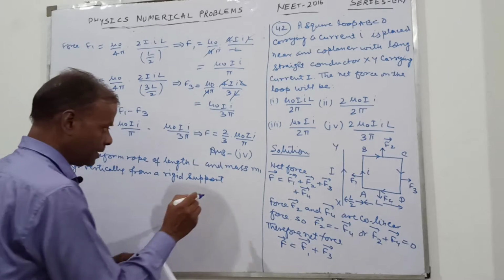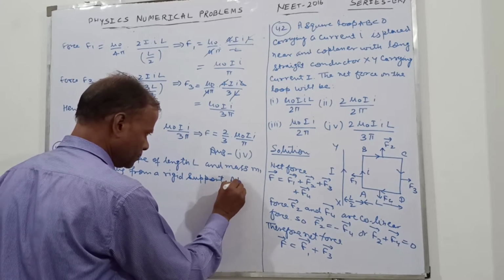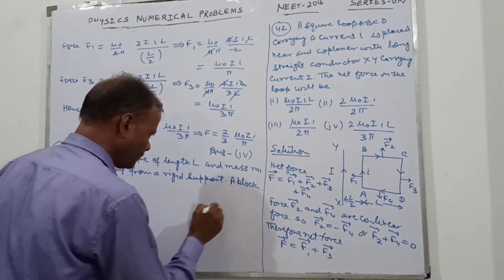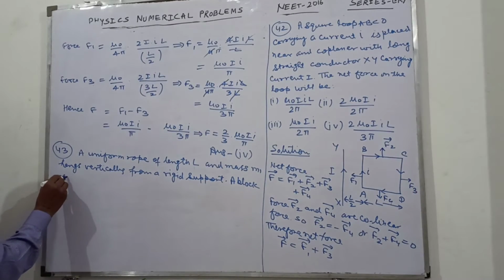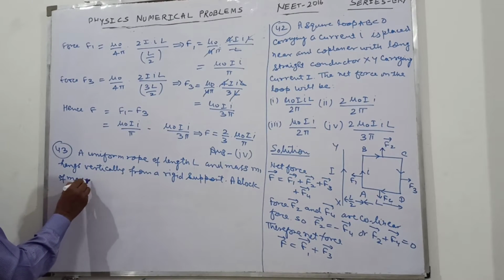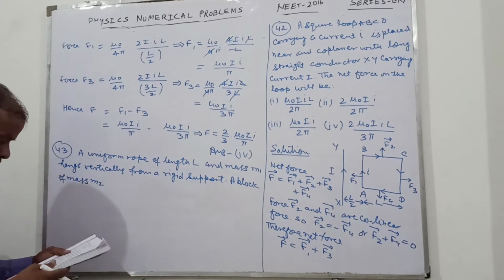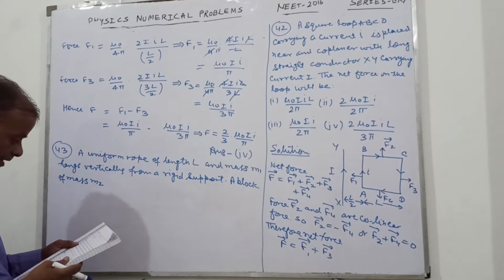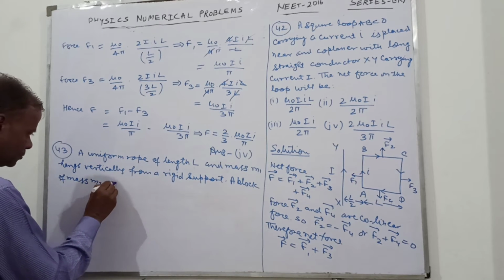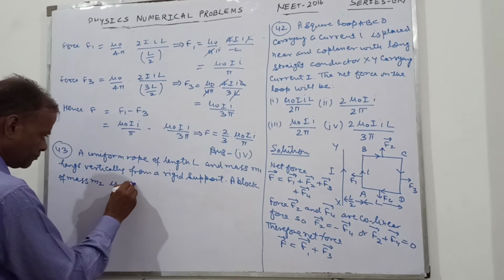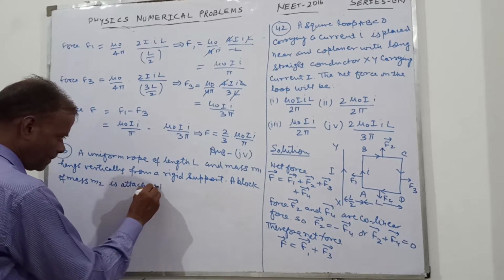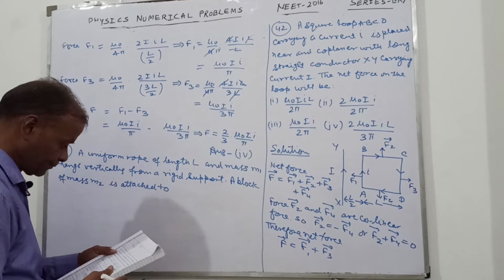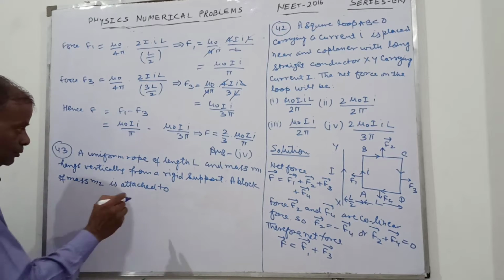A block of mass M2 is attached to the free end of the rope.